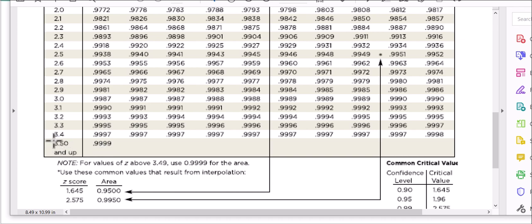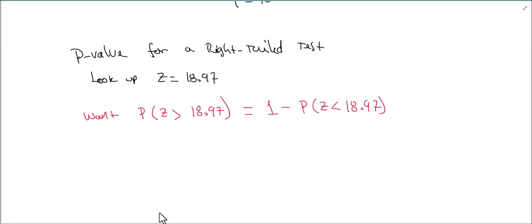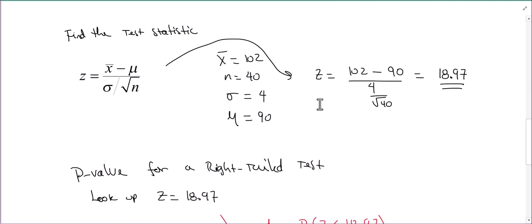Because ours is 18.97, it qualifies for the 3.50 and up row, so it's 0.9999. So that means here we're going to have 1 minus 0.9999, which gives us 0.0001.